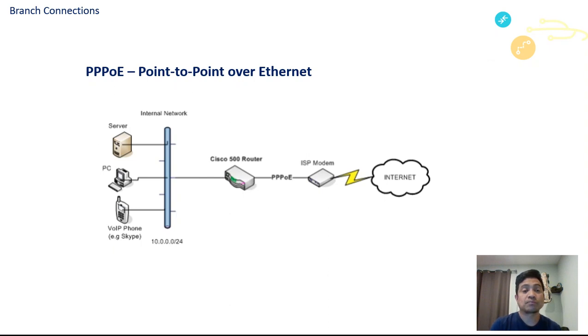In this diagram, you can see that to access the internet through the router, it dials to the ISP to provide internet access.